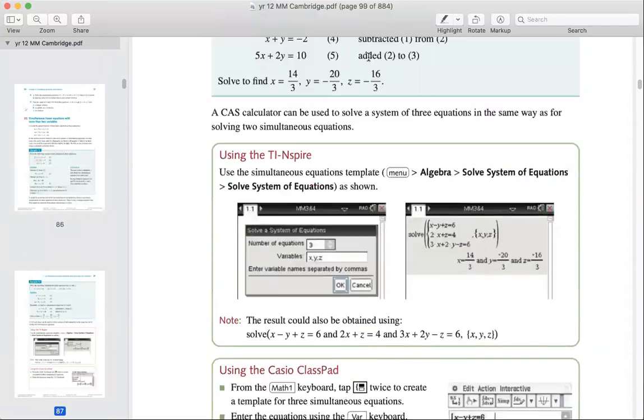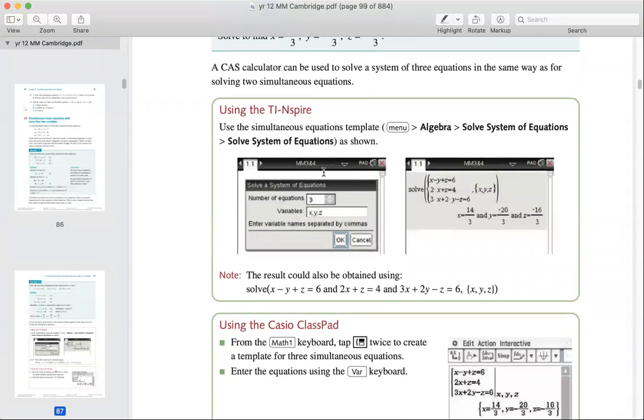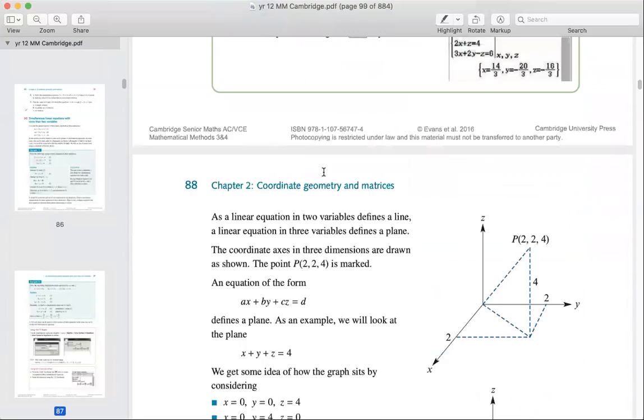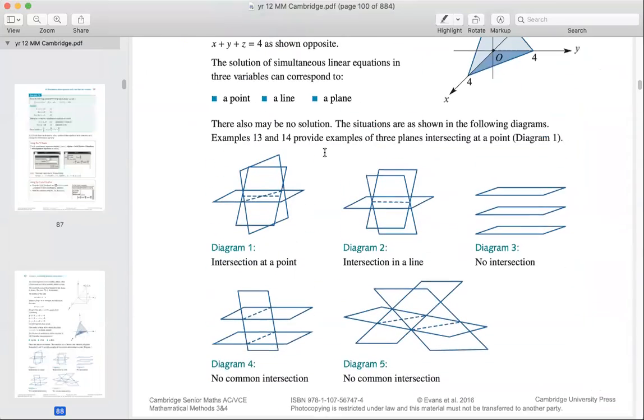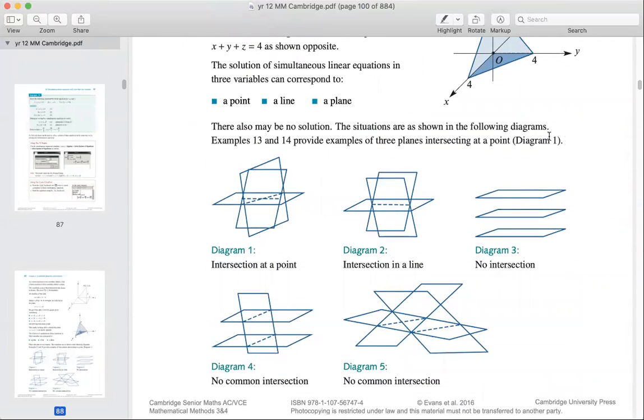Just make sure you look at page 87 to get the idea of how to solve the system of equations, and use CAS to save time. Okay, that's it. This is also not that important because the geometry of this, they never test in the final exam, according to this.